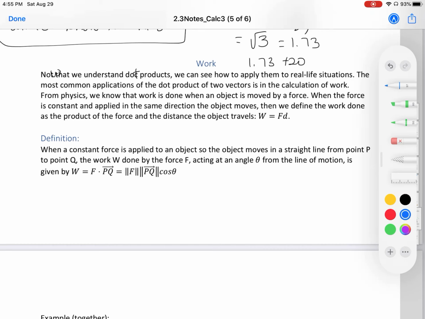So really this is two formulas in one. We can have F dot product of P and Q, which is a vector from 2 points, or we can work with magnitudes. The magnitude of F times the magnitude of PQ times cosine theta.